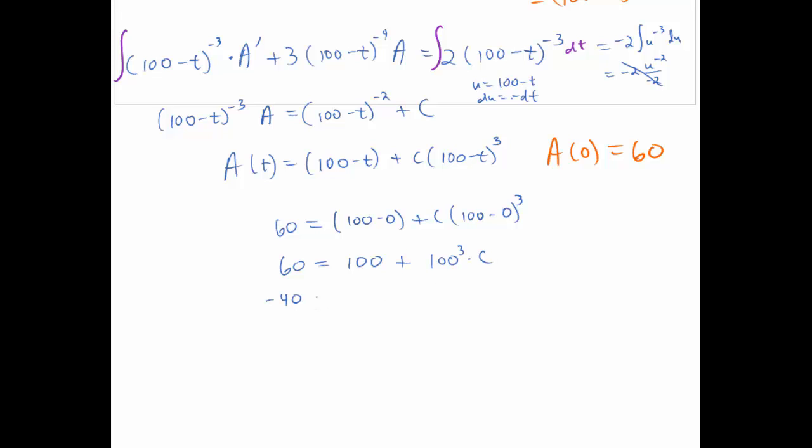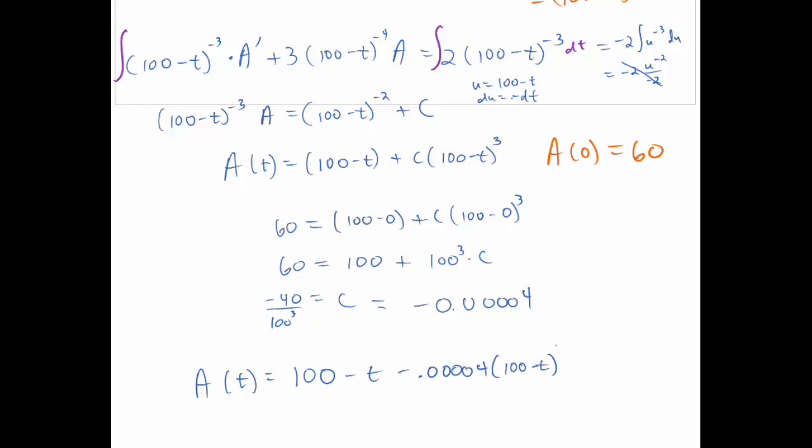So negative 40 over 100 cubed is equal to c. And so that's negative 0.00004. So therefore, A of t is equal to 100 minus t minus 0.00004 times 100 minus t cubed.